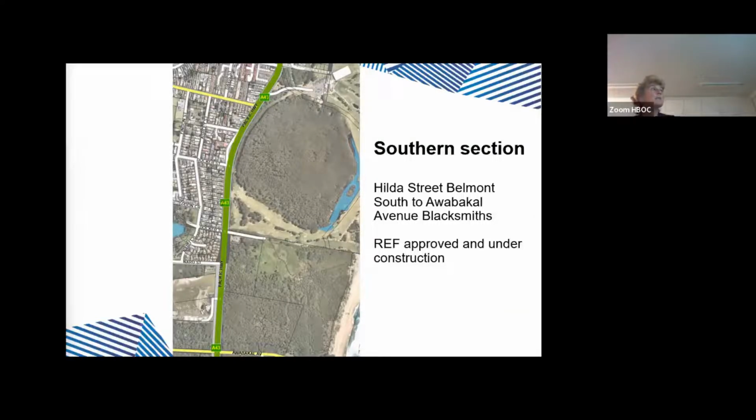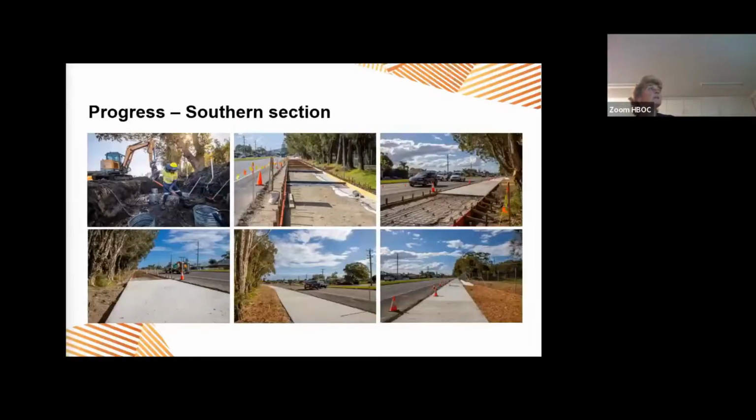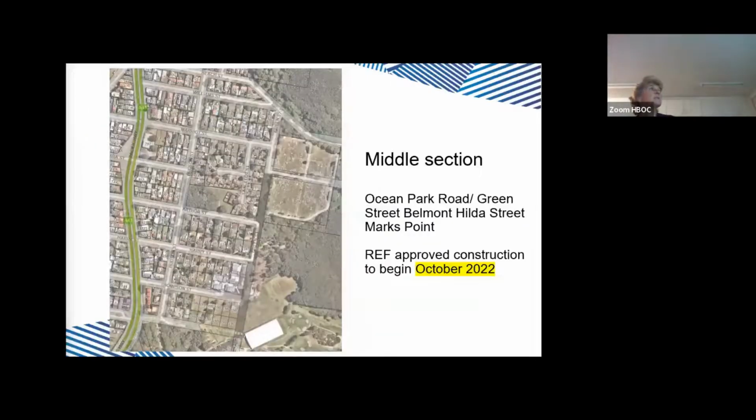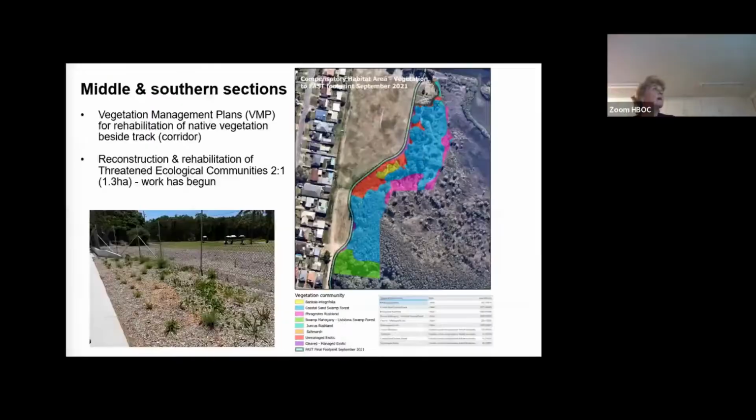So that's the southern section, just a close up of where that goes. That's it under construction. That's the middle section, it's Hilda Street here and Ocean Park Road there. And this is some of the works that, as a consequence of removing habitat, council has undertaken to do some compensatory habitat rehabilitation.